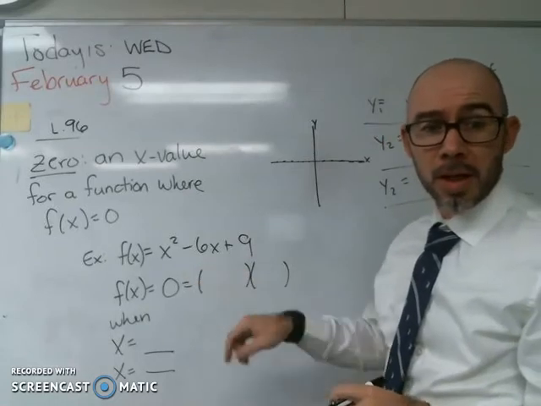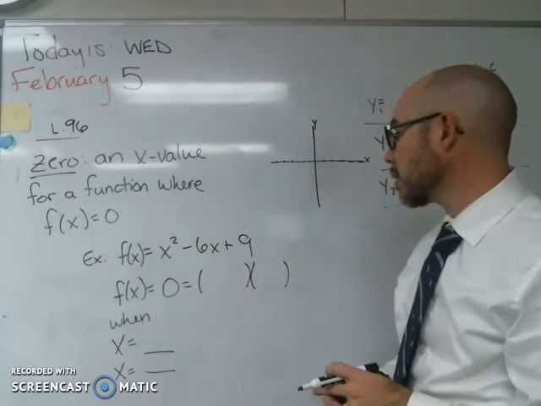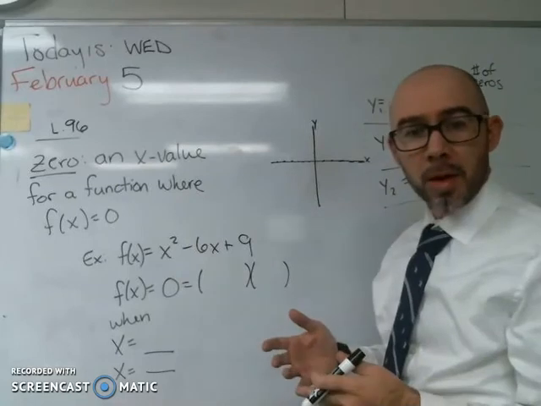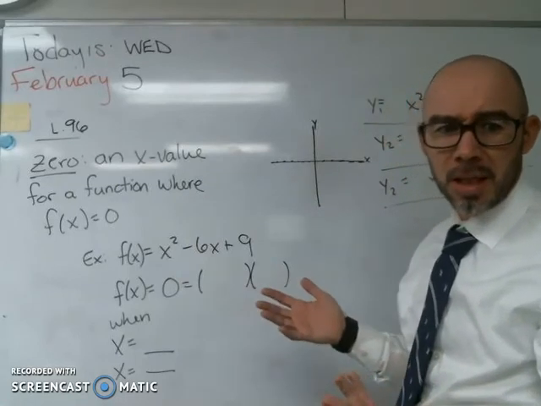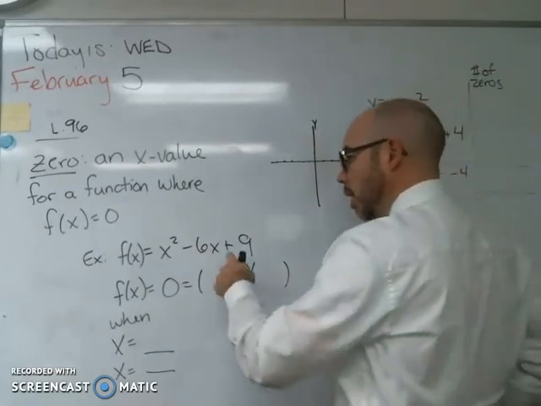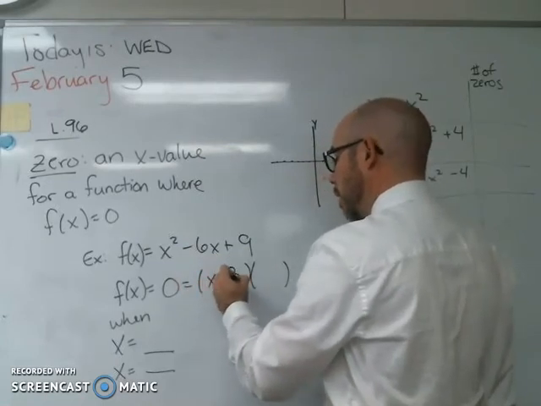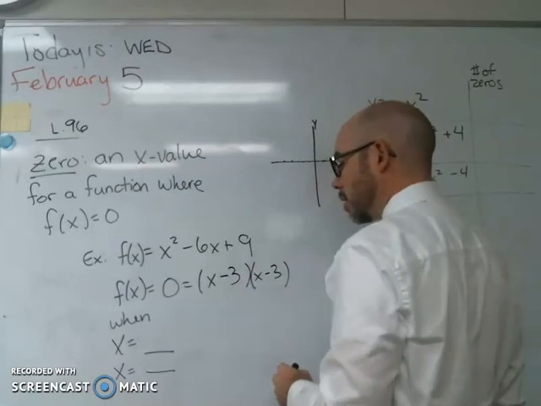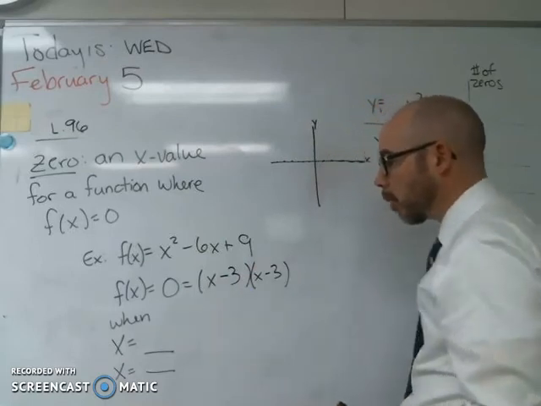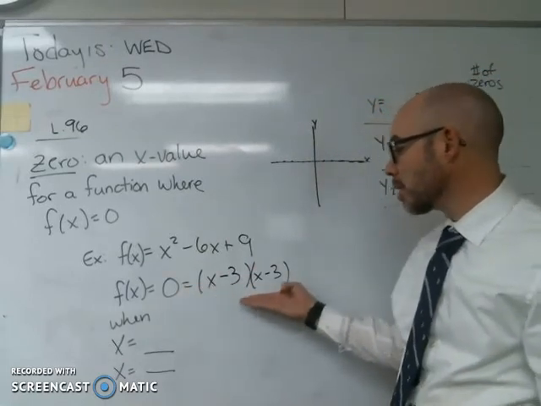Let me give you a quick example of one way you can find one of those. Let's take the equation x squared minus 6x plus 9. A quick way to do it, besides graphing, or you can do zeros on your graphing calculator, is to factor this. And this is of the particular form x minus 3 times x minus 3. Now you tell me, what's going to make this equation equal 0?